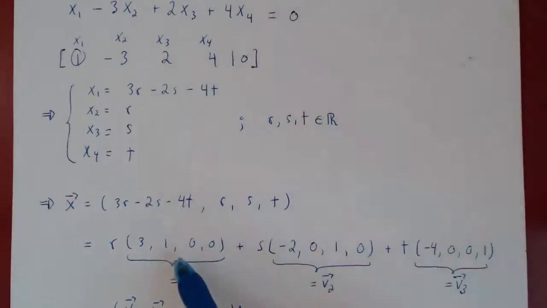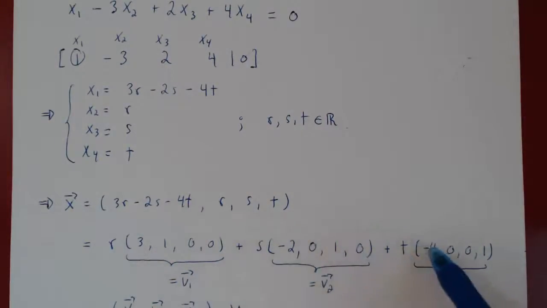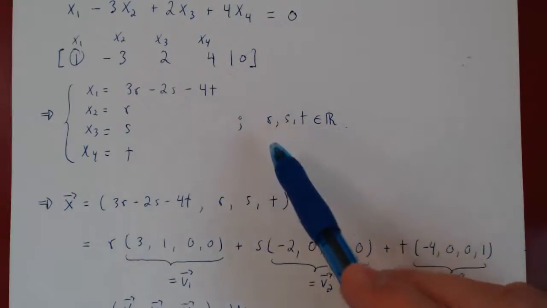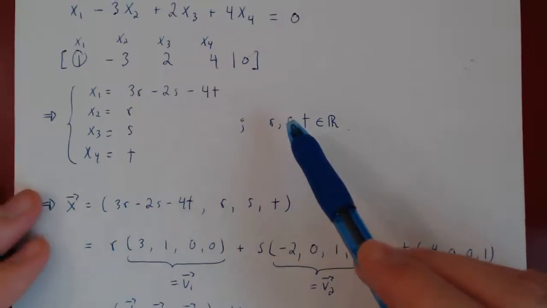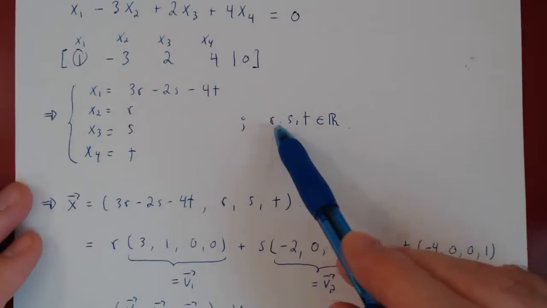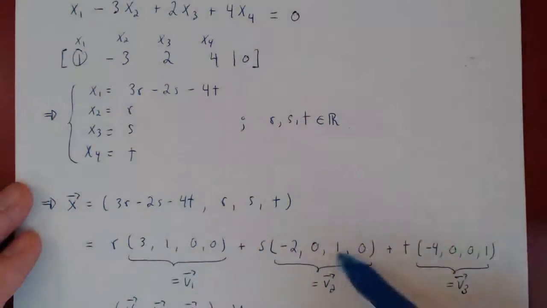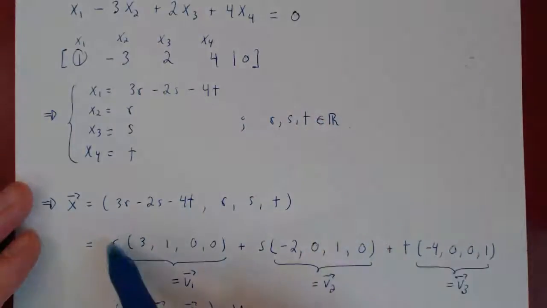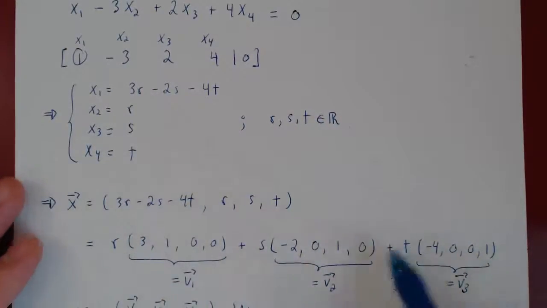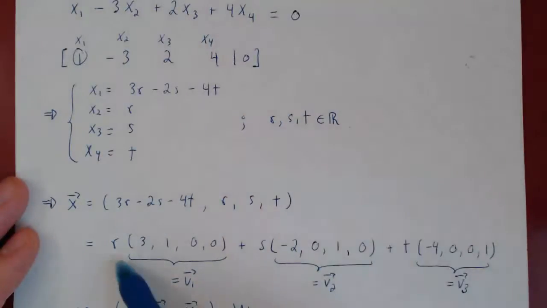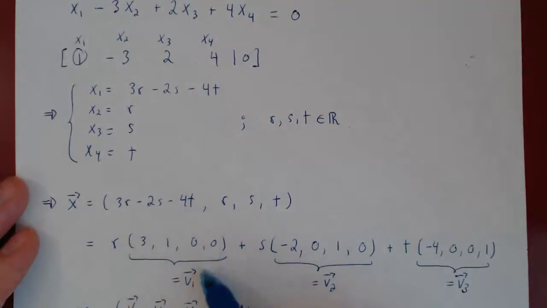And you see, to extract the generators, you have to split the parameters. So you see, for each parameter, once you split them, r times something, s times something, t times something, you have a one-to-one correspondence. For each parameter, you extract a generator.